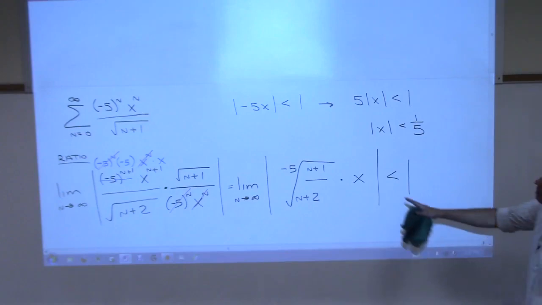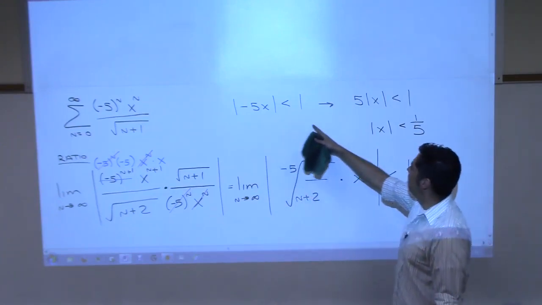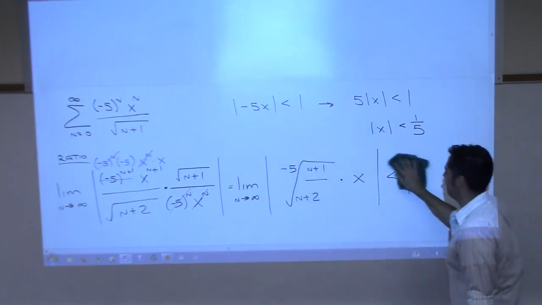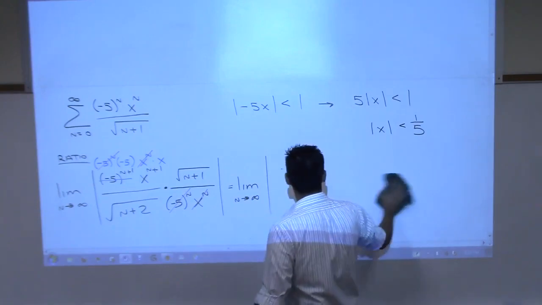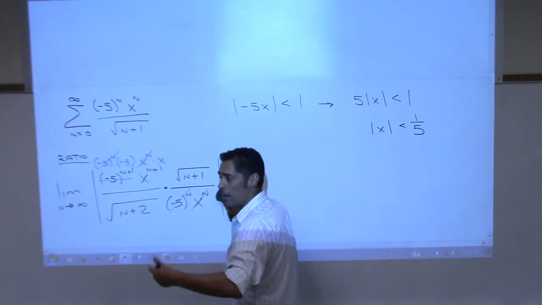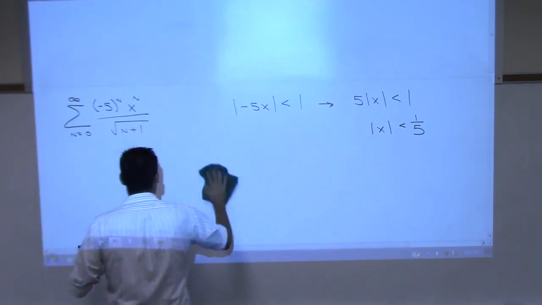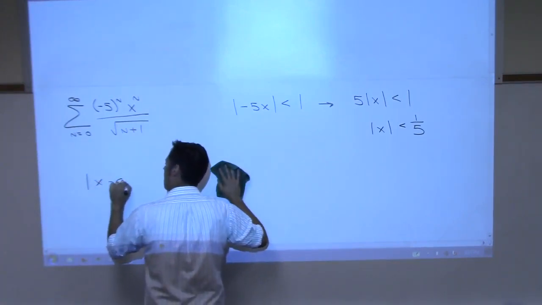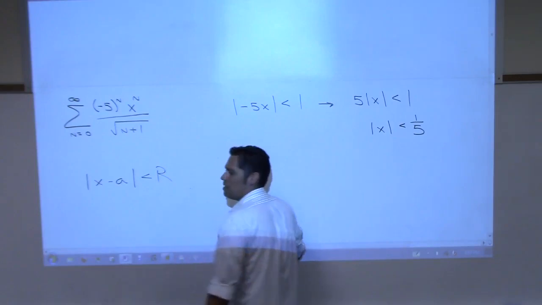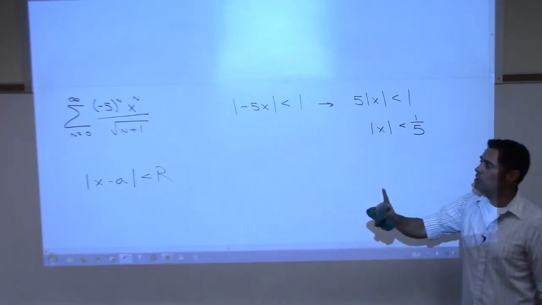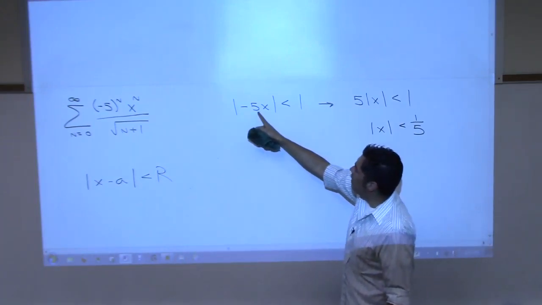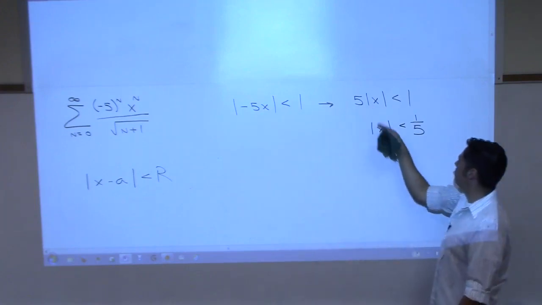Why didn't I just leave it like this? Why am I taking it all the way to this right here? I'm trying to get my interval, but I'm also trying to get my radius of convergence. And to get radius of convergence, I need it to look like this, which means I needed a coefficient of 1 on x. So I had a coefficient of negative 5. I need that out of here. So I got it out and divided through.